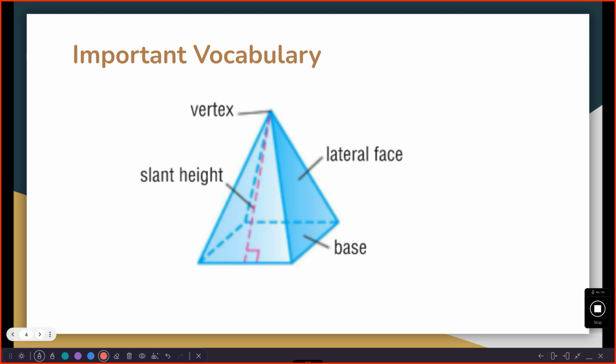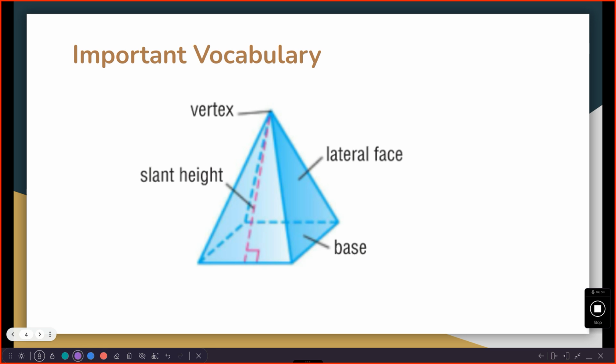All right, so some important vocabulary. Vertex, this is like the corner or a point. That's up here. Honestly, all of these are vertices, right? So each of the corners is a vertex. The slant height is the height of the slant of the triangle, the triangular lateral face.